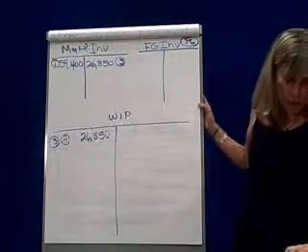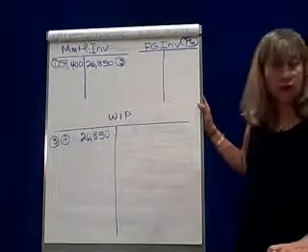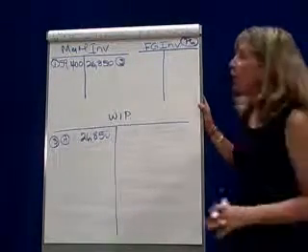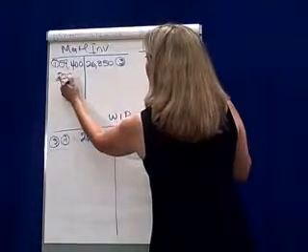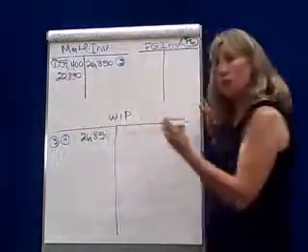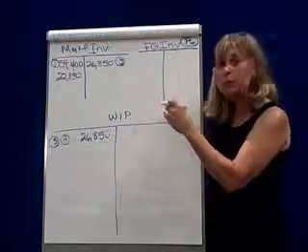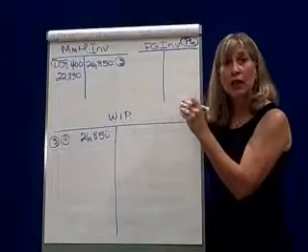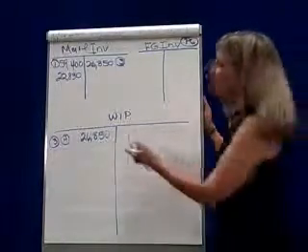Then on the 4th, we purchased indirect materials for cash, $22,830. Well, we're going to debit material inventory, $22,830, for those indirect materials. So notice that both direct and indirect materials go into material inventory first. And that was on the 4th.